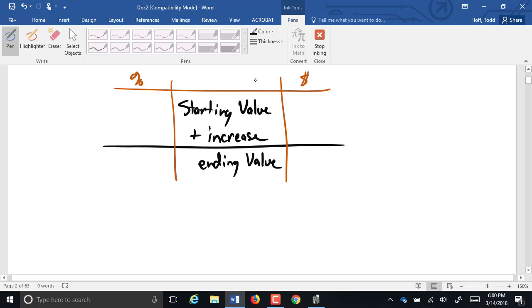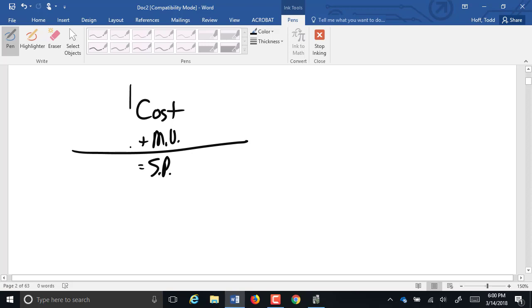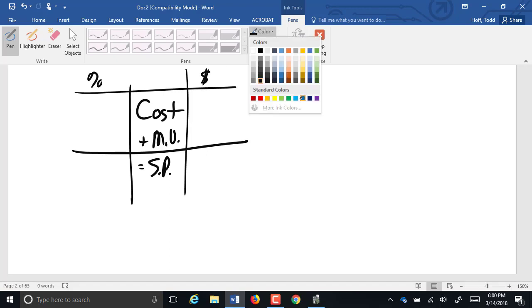These markup problems use an exact table. The table looks exactly like that. It's cost, as we were saying, plus markup equals selling price. We have percents on one side and dollars on another.